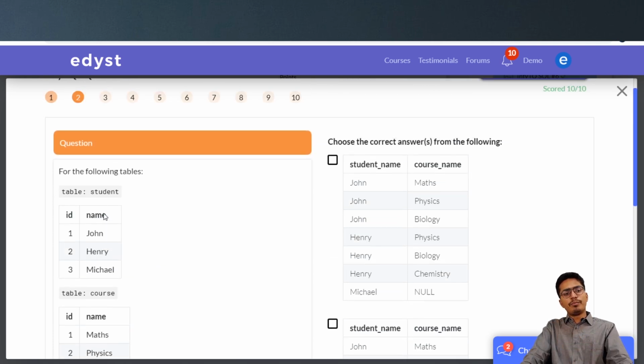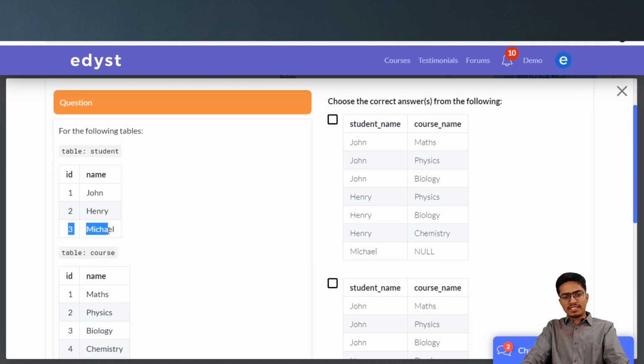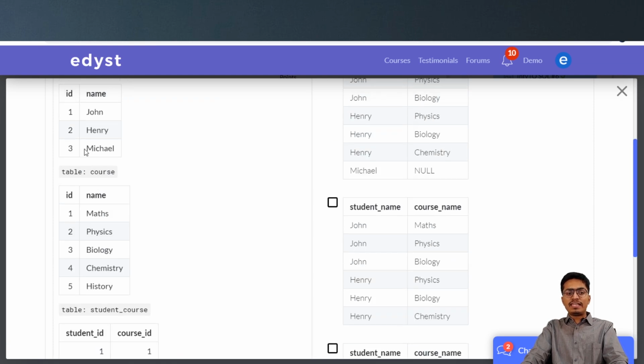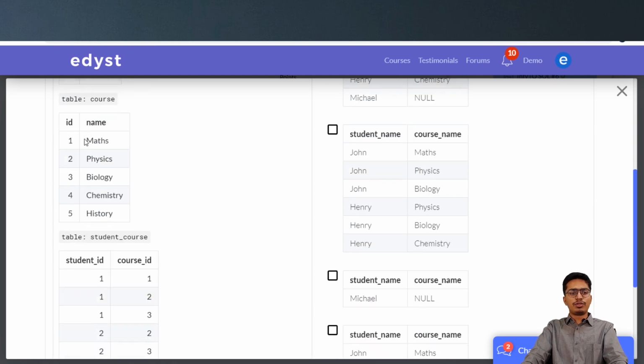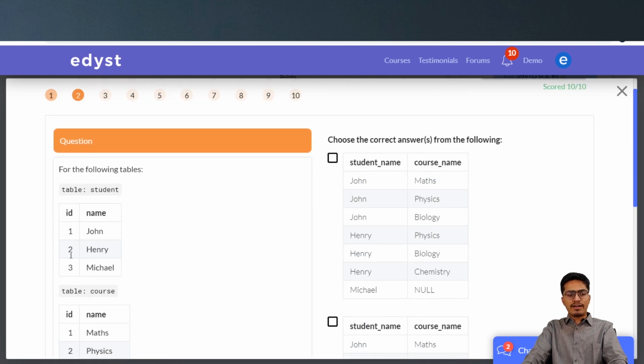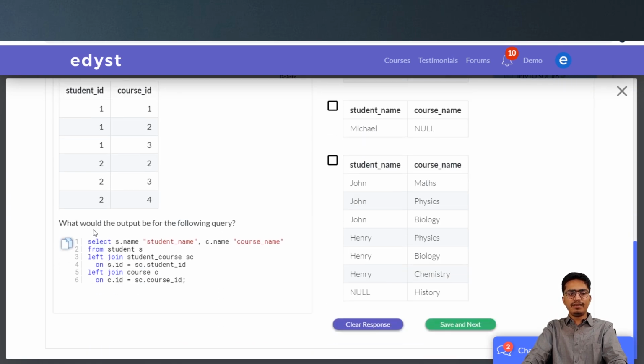Because there is no matching for this row, and because it's a left join, this row will still be included in the final result. So you will have John, John, John, Henry, Henry, Henry, but you would also have the third row here, 3 Michael, with null, null. That's how this particular part would be joined.